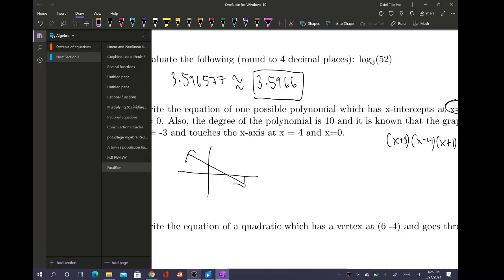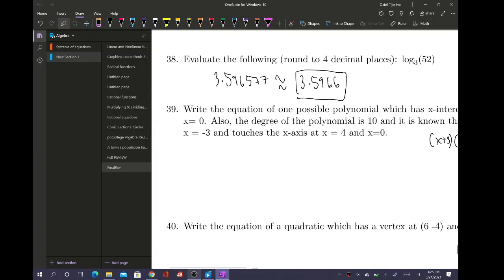Now, there's a difference between that and the fact that it touches the x-axis.